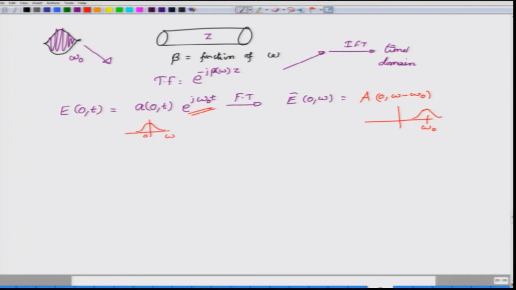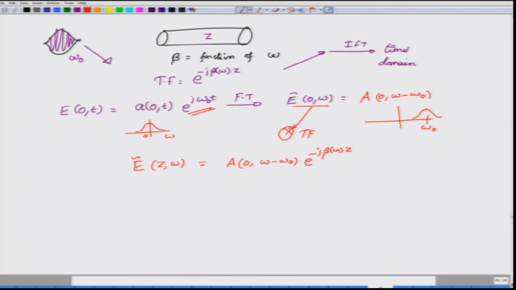All that we are saying is that whatever may be your pulse shape, that pulse shape is now centered at omega 0. Now, how do I get the pulse at any distance z? The spectrum at any distance z is obtained by taking the initial spectrum and multiplying it by the transfer function. So, that would be A of 0 omega minus omega naught times e power minus j beta of omega z.